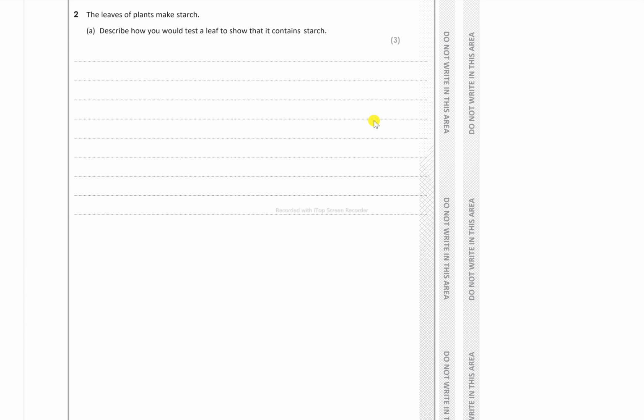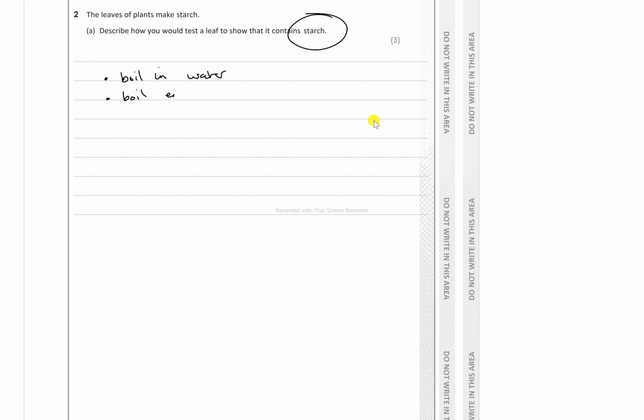Right, starch. What did we say about starch? How would you test for starch? Boil in water to kill it off.